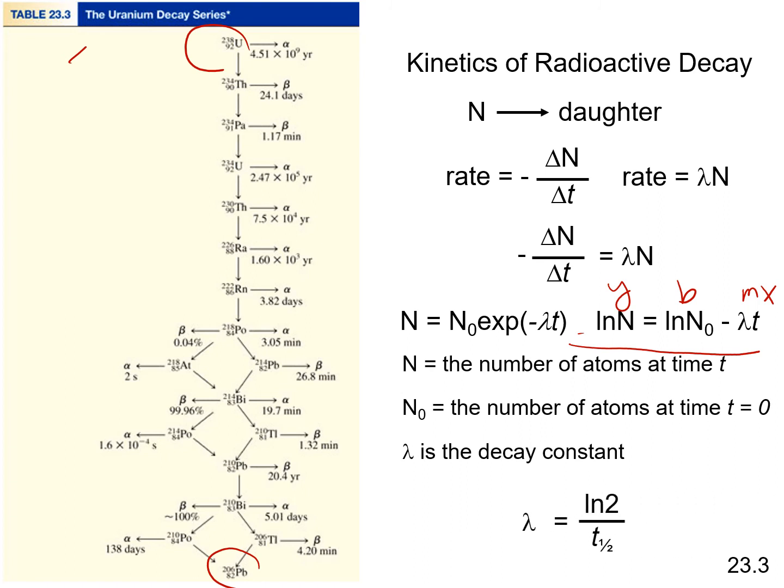And the alpha is the decay constant. So the half-life is just ln2 over the decay constant, or the decay constant is calculated with the formula ln2 over t1/2, which is actually derived from this expression.